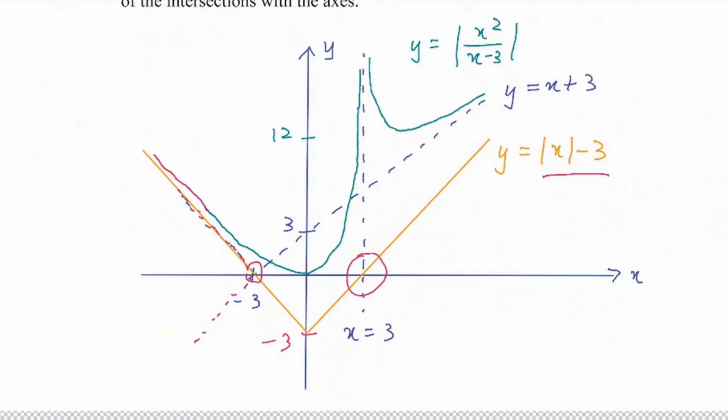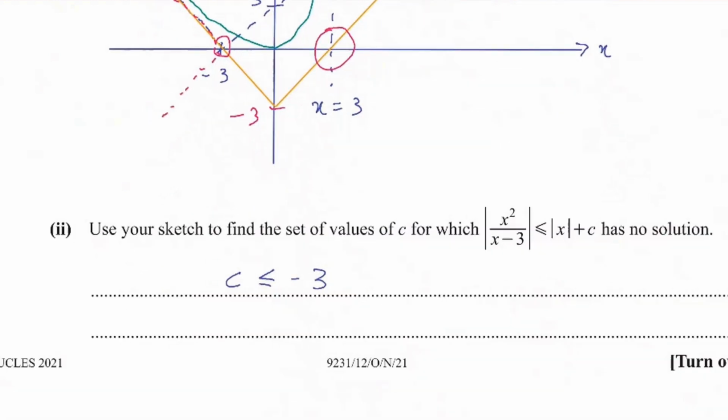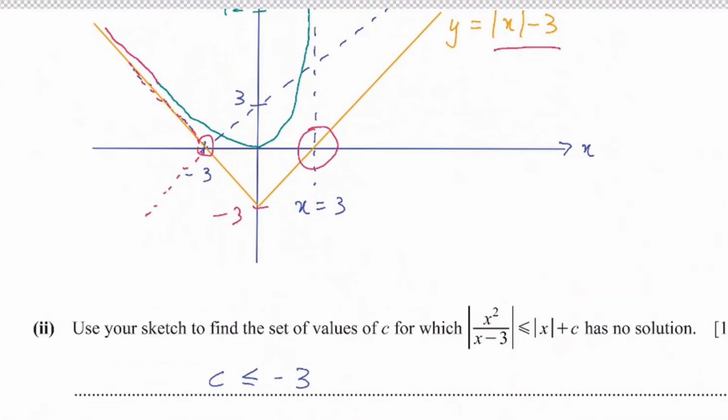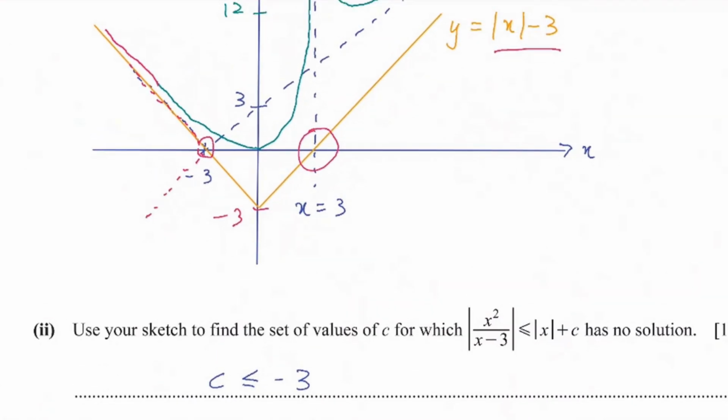So in the next part, use your sketch to find the set of values of c for which this equation has no solution. So what we are looking at in this case is that no solution means no intersection, or we can look at it as this modulus curve will always be greater than modulus x plus c.